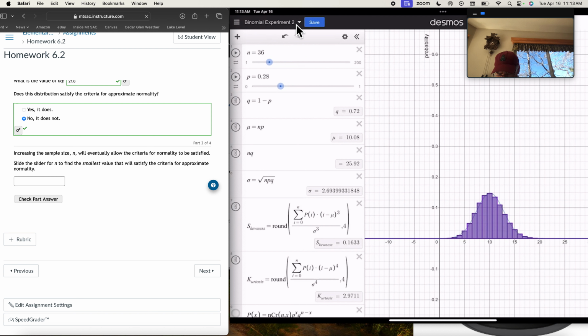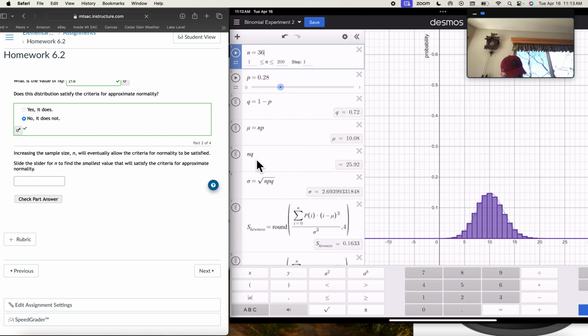Right here, when n is 36, if you notice I have a 10.08, which is just bigger than 10, and something substantially bigger than 10 for nq. If I go a little lower, down to 35, I'm just going to type that in. If I make it 35, your n times p is 9.8, which is too small.